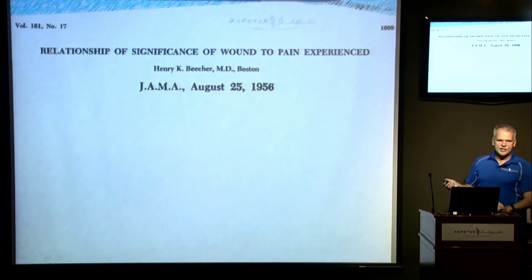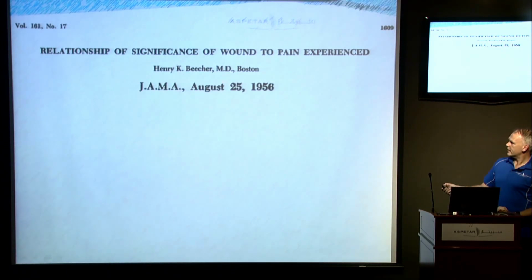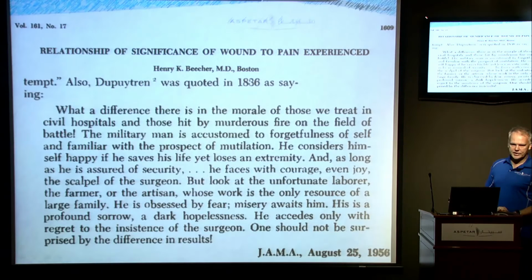This has been known actually for an awful long time, and I love this paper for a few reasons. Firstly, the venerable Bostonian Dr. Beecher, in his introduction, quotes a famous French surgeon, which I think is pretty neat, Dupuytren, from about 100 and something years ago, who noticed that when he treated guys on the battlefield, they had an entirely different reaction to the same kind of damage than when he treated the civilians.